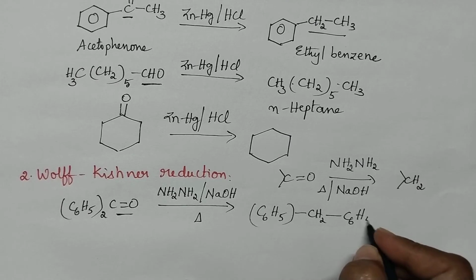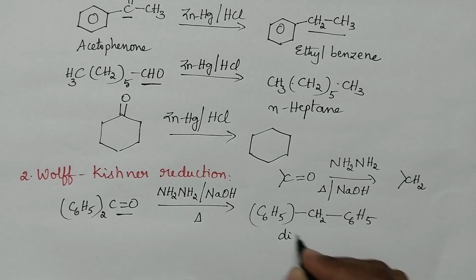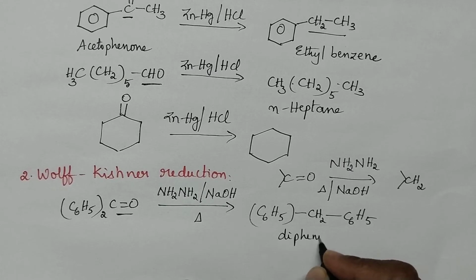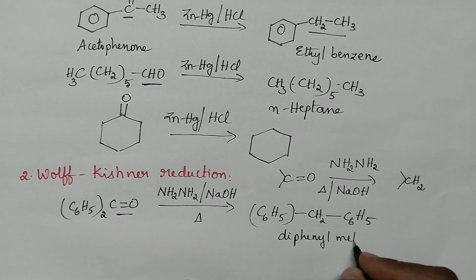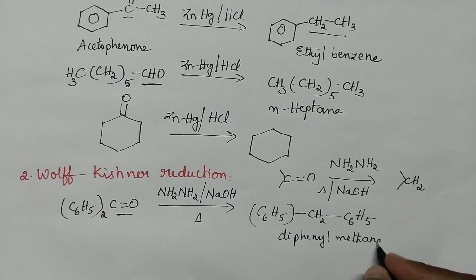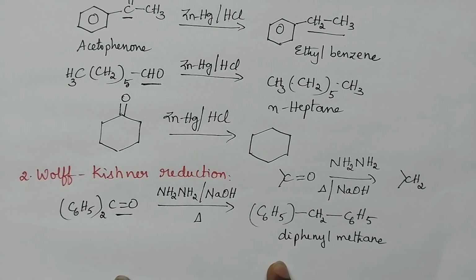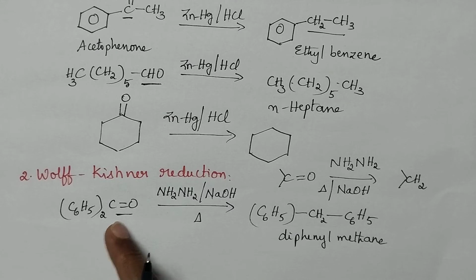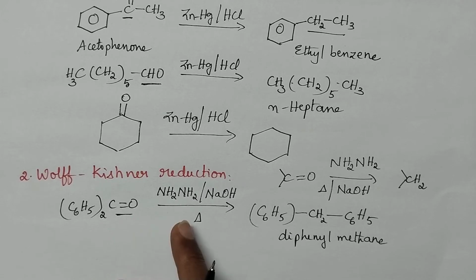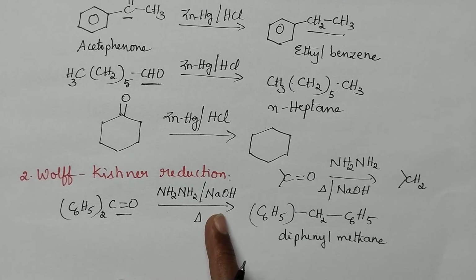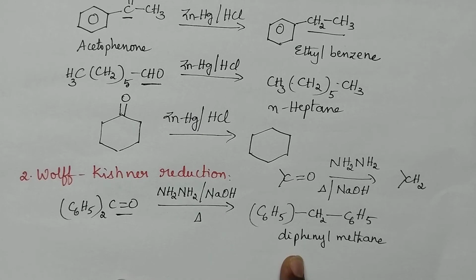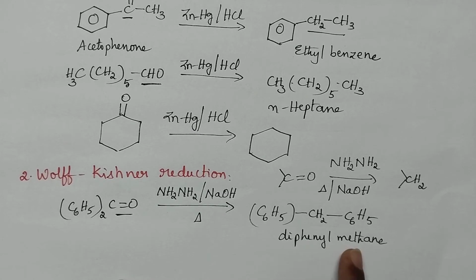So we are going to get diphenyl methane. Is it clear, students? So whenever diphenyl ketone is treated with hydrazine in the presence of a base, it results in the formation of diphenyl methane.